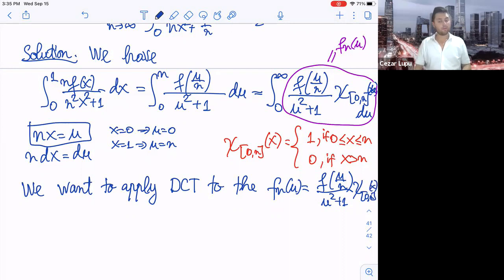All right, remember the dominated convergence theorem? Now the question is what kind of function should we take here, right?